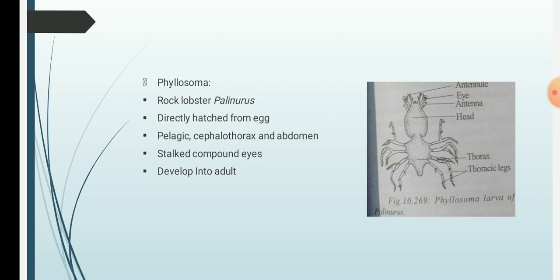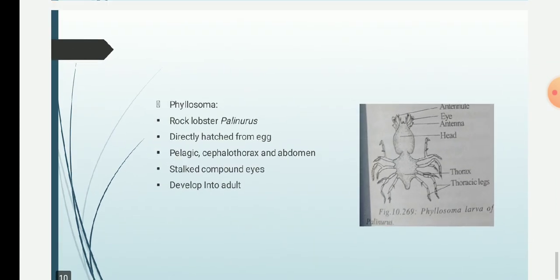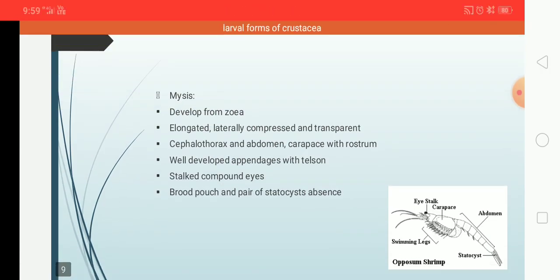Thus the study of larval stages is very important, because it helps in justifying the theories of recapitulation, and it states that they had a common ancestor once upon a time, and from there we have evolved. With this, we have completed the larval forms of crustacea.